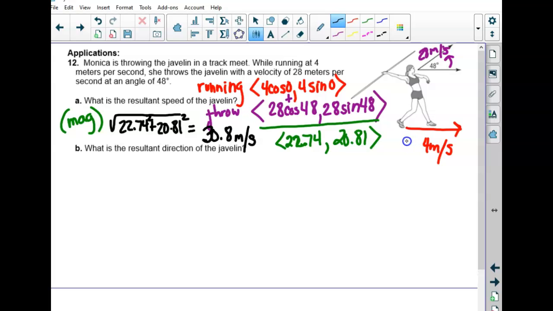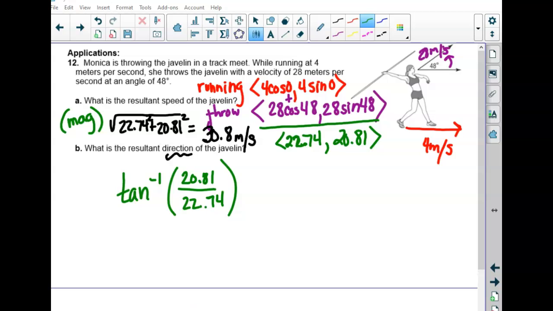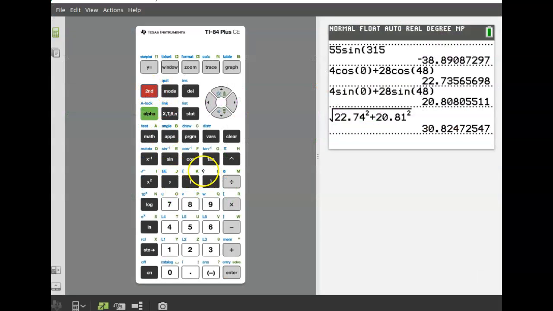All right, resulting direction, we got to do what? Direction requires us to do inverse tangent. Which numbers are we using? Yeah, these guys, y over x. 20.8 was it on top?